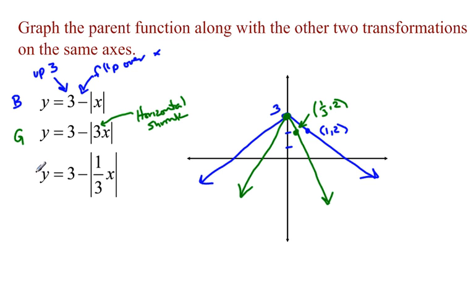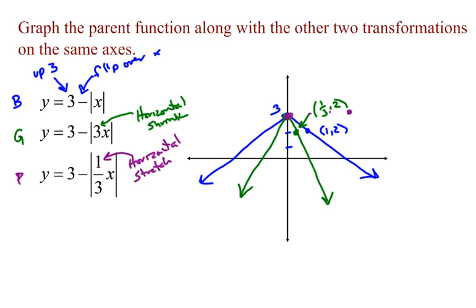Our third graph, which will make our purple graph, we see we still have that 3 minus, but now we have a horizontal stretch. And so when we stretch it horizontally, instead of going over 1, we're actually going to go over 3. So we're going to go over 1, 2, 3, and then down 1.